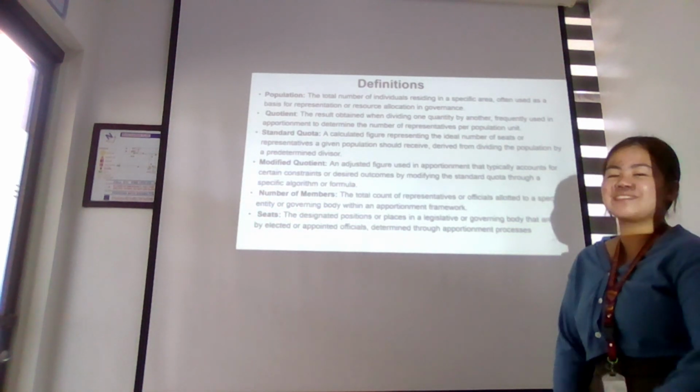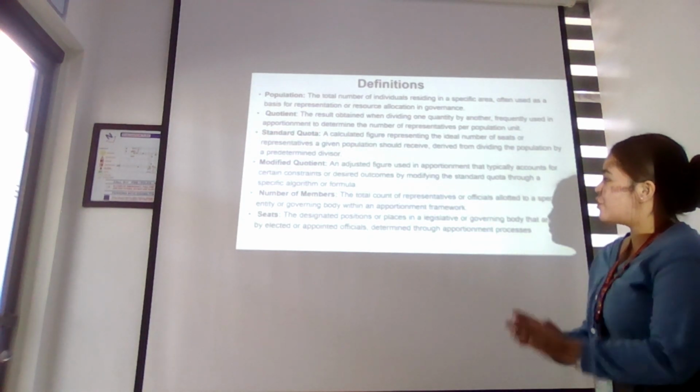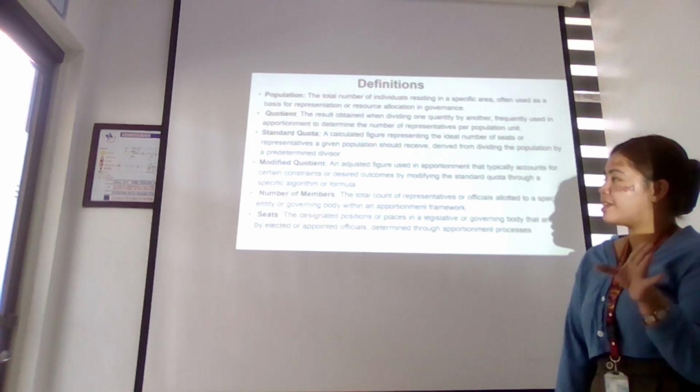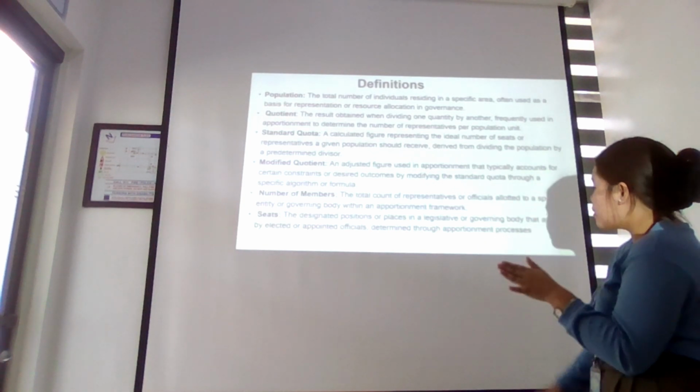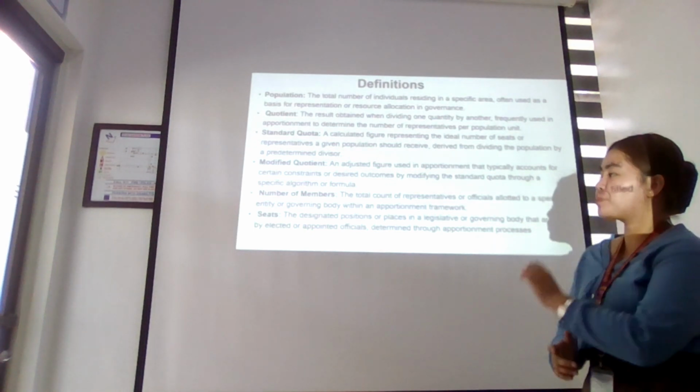Next is the modified quotient. Modified quotient is an adjusted figure used in apportionment that typically accounts for certain constraints or desired outcomes by modifying the standard quota through a specific algorithm or formula.